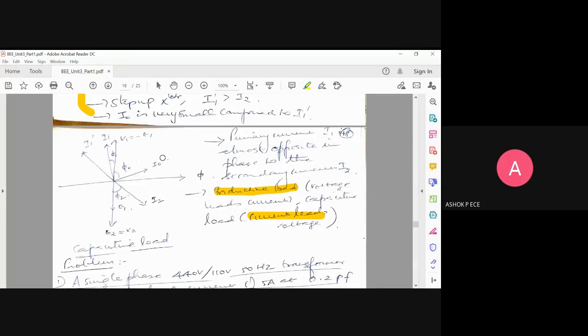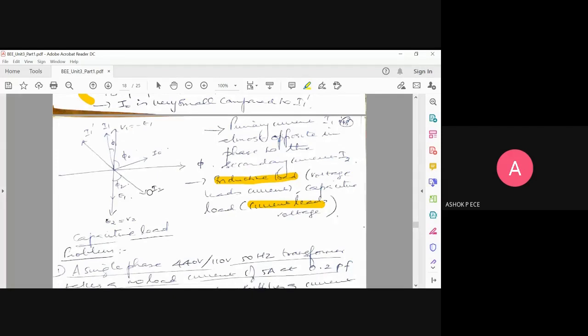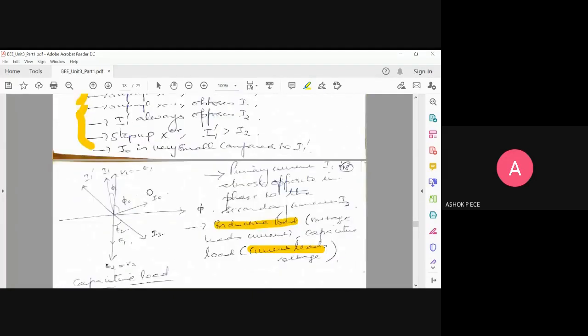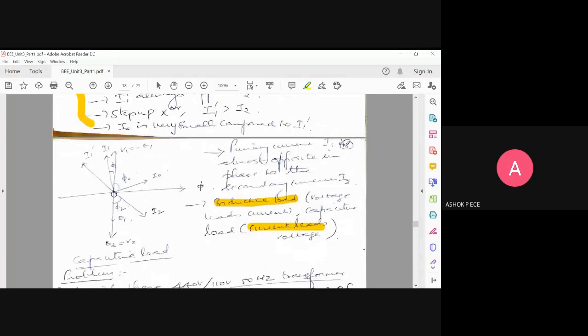When you start plotting current, you have to always start from the secondary. In the secondary, you see what type of load. Assume you have a capacitive load in the secondary. You know in a capacitor, current is going to lead the voltage. So you have to draw I2 before E2, with the phase angle of I2. Once you draw I2, diametrically opposite you draw I1 dash, because I1 dash in the primary and I2 in the secondary are going to oppose each other.